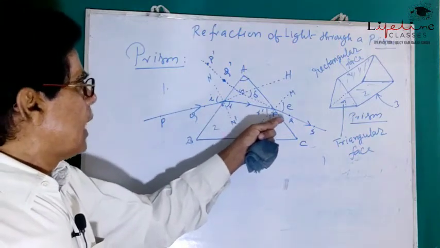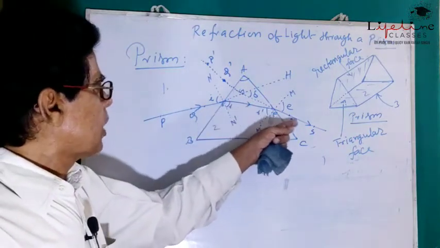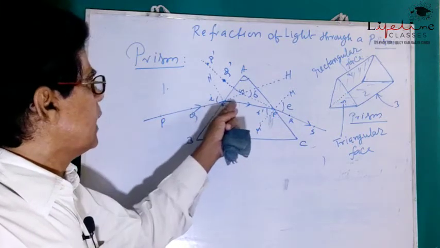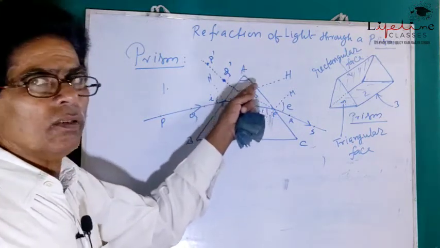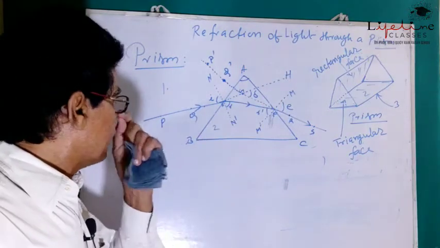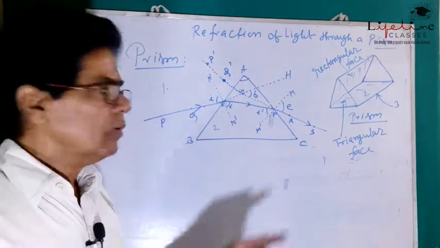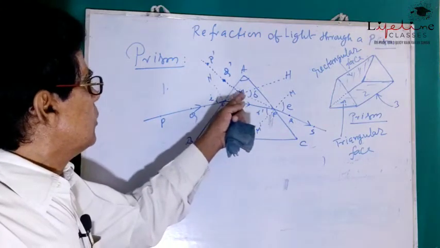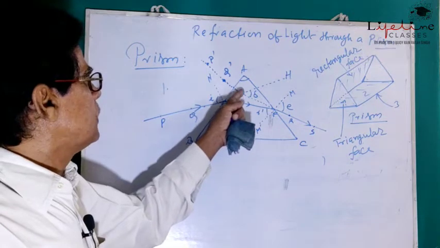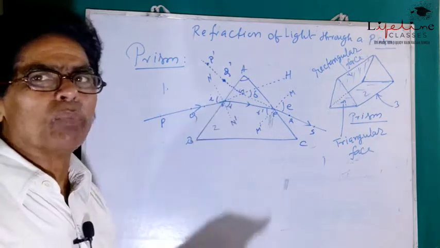If we extrapolate the emergent ray and the incident ray in the opposite direction, what happens? These two lines intersect each other at a point G inside the prism.